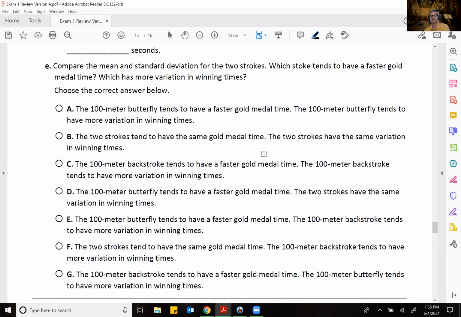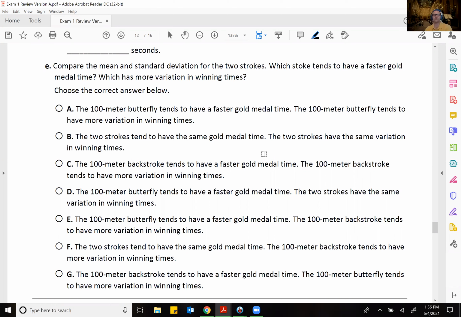Backstroke. The backstroke. It does? No, the butterfly. The butterfly is faster. It's 51.02 seconds. It's faster. But who has more variation? Backstroke. That's the backstroke.